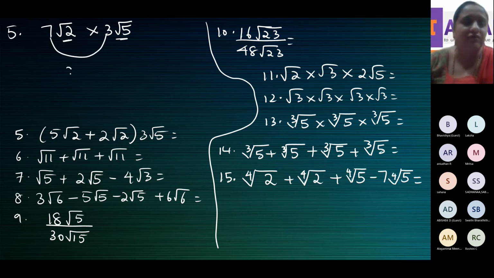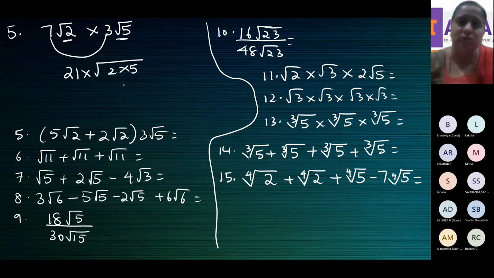7 3s are 21 into under the square root 2 into 5. Because square root of 2 into square root of 5 is square root of 2 into 5.